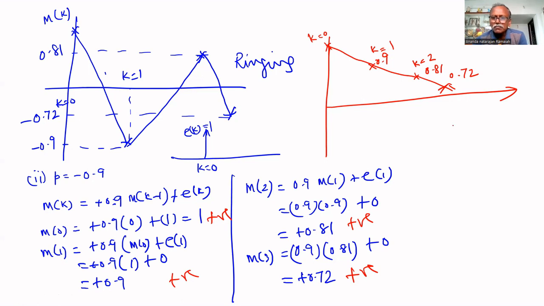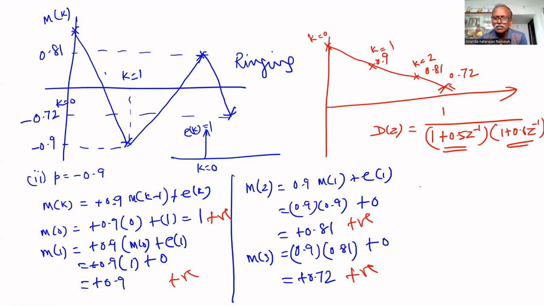It means D of z equals 1 upon 1 plus 0.5 z power minus 1, 1 plus 0.6 z power minus 1, which means both will introduce oscillations.